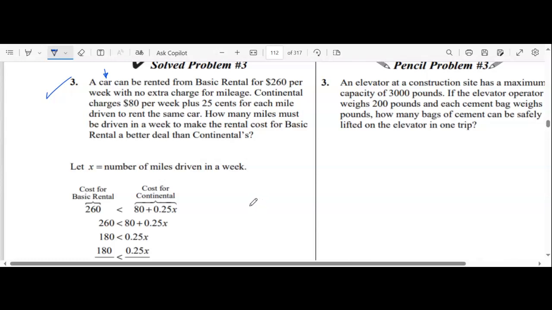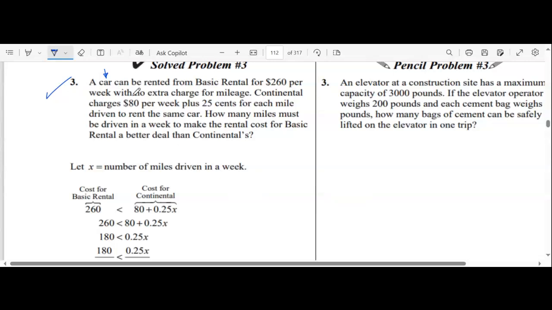Continental charges $80 per week plus 25 cents for each mile driven to rent the same car. How many miles must be driven in a week to make the rental cost for Basic Rental a better deal than Continental?